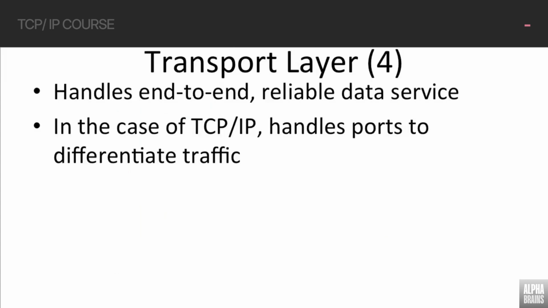The transport layer handles end-to-end reliable data service. In the case of TCP/IP, it handles ports to differentiate traffic. UDP and TCP both have this concept of ports. So in addition to an IP address, you would communicate to a port, and that handles the differentiation between applications.